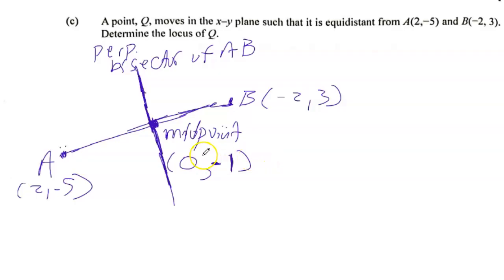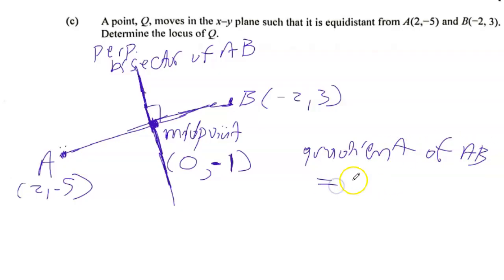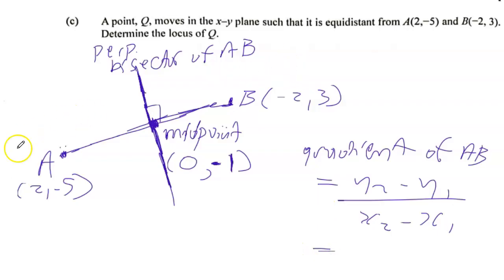So we need to find now the gradient. Let's find the gradient of AB. Remember the formula for gradient, y2 minus y1 over x2 minus x1. I'm going to call this x1, y1 and this x2, y2.